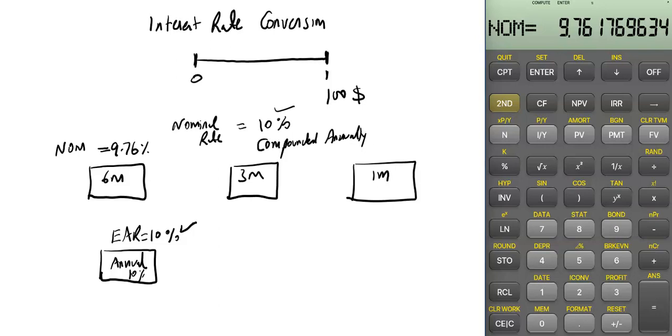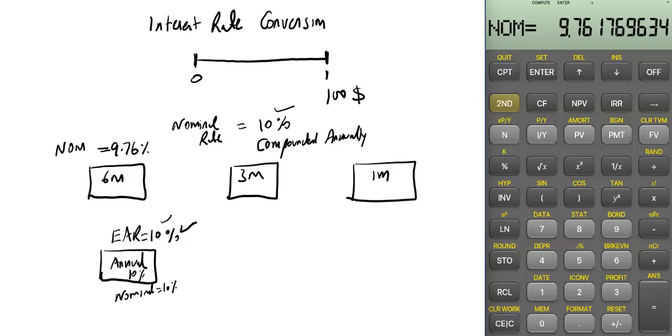And why is it lower than the 10%? Because in a 6-month time, you will compound it twice in a year to make it exactly equal to the effective rate of 10%. So here, the nominal rate is 10%.